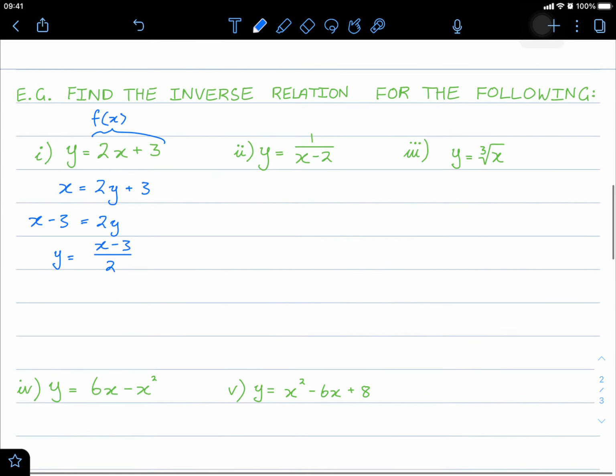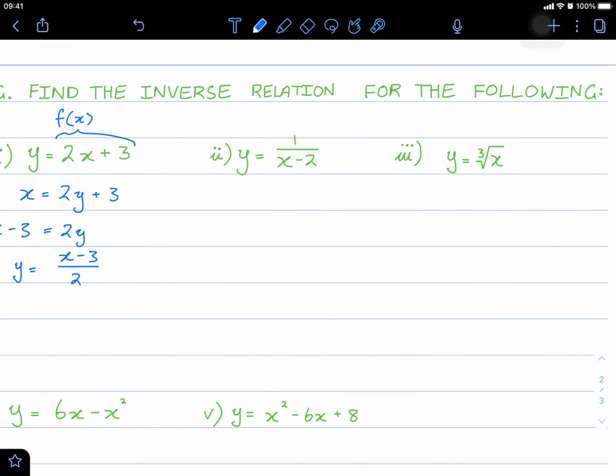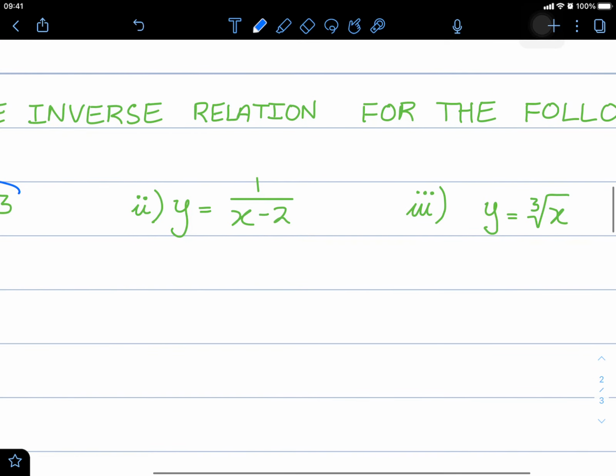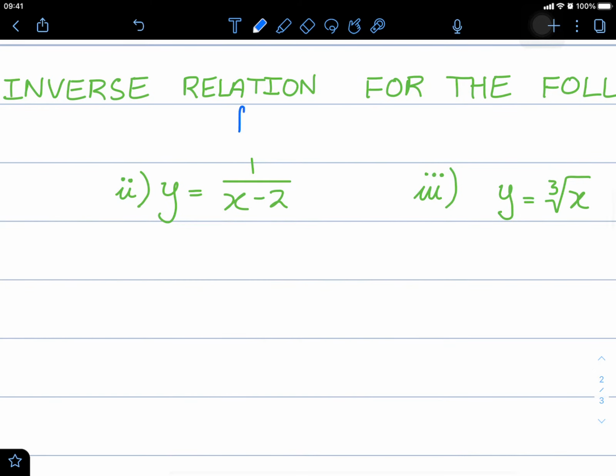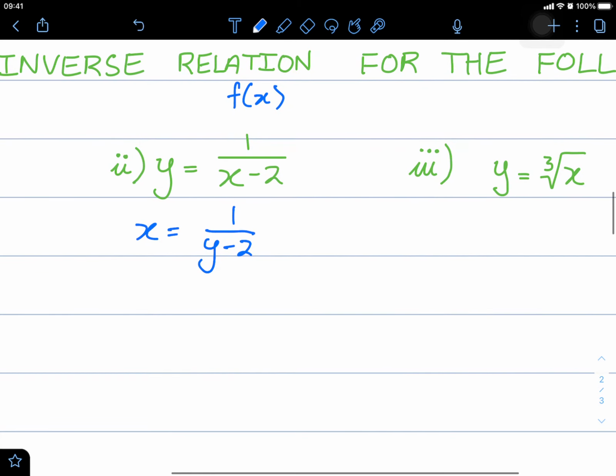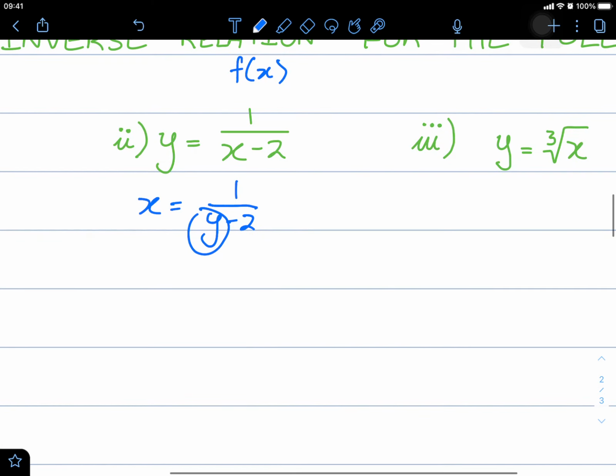After seeing that, you can pause the video and try these next 4 examples. So I'm just going to go through them right about now. So our function is 1 over x minus 2. We're going to simply switch x and y, and we make y the subject.